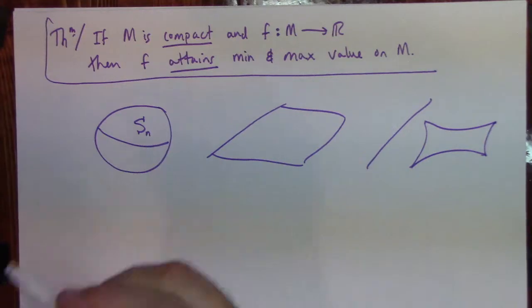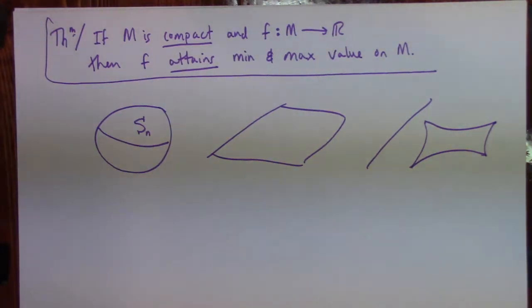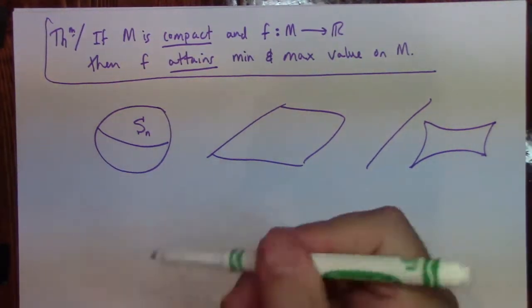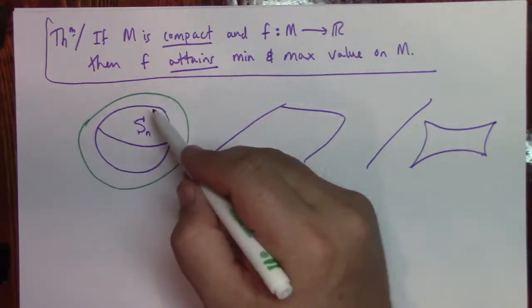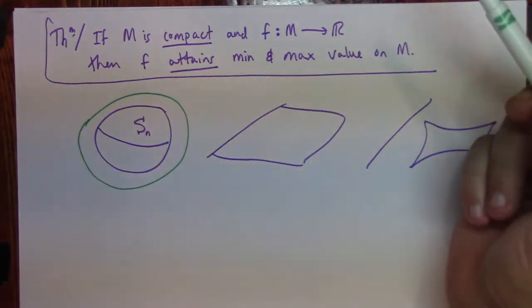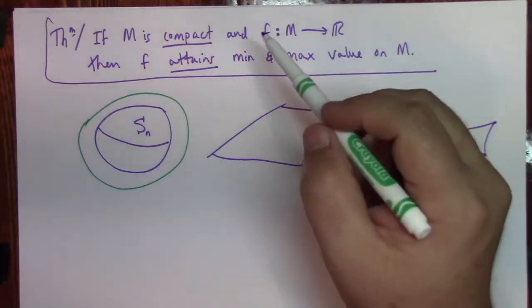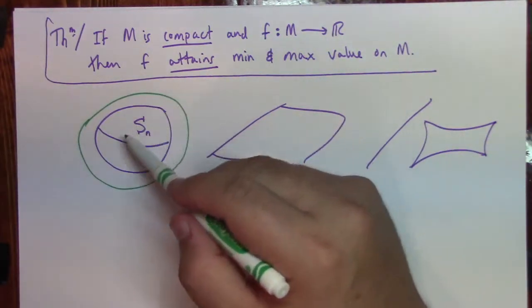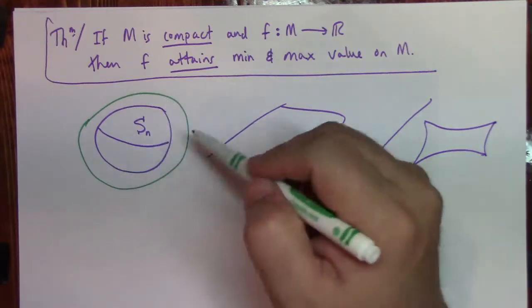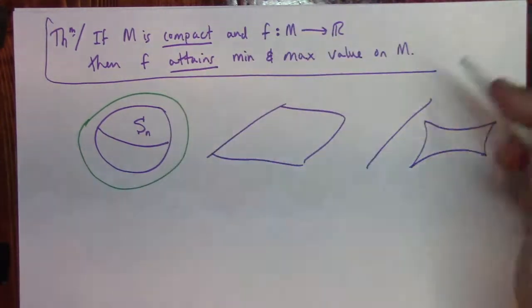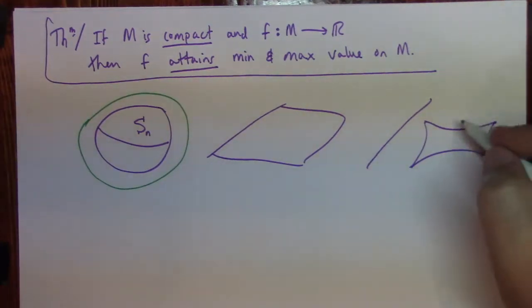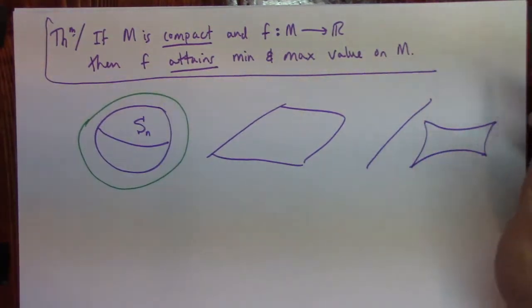The reason the sphere is compact is because you can put it in a box, basically. Well, you can put it in a larger ball. There exists some kind of bounding ball. For us, that's what compact means: there's a way to encapsulate it inside some finite ball. You can't do that here. No matter how big you make the ball, the plane goes on and on, the line goes on and on, the hyperbolic paraboloid goes on and on.